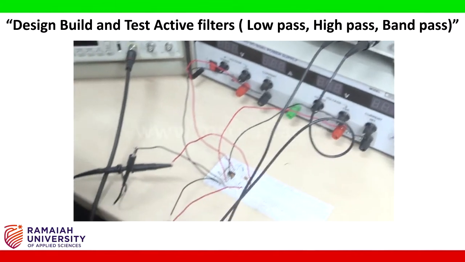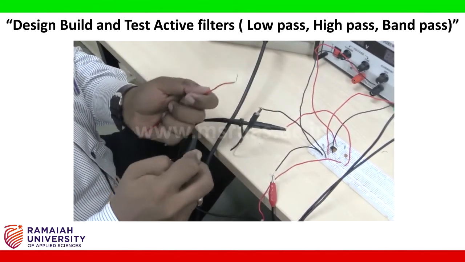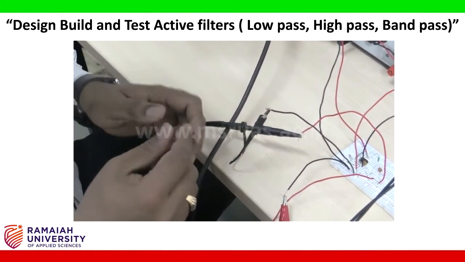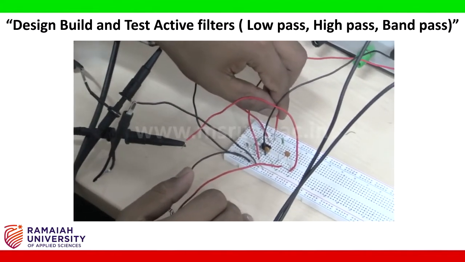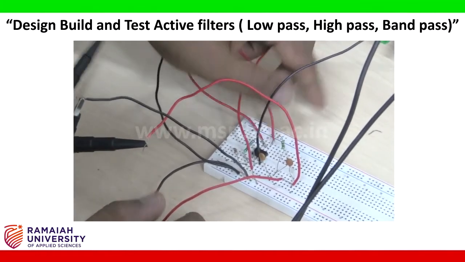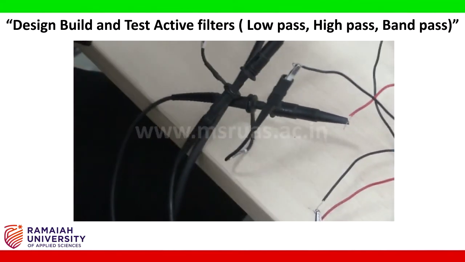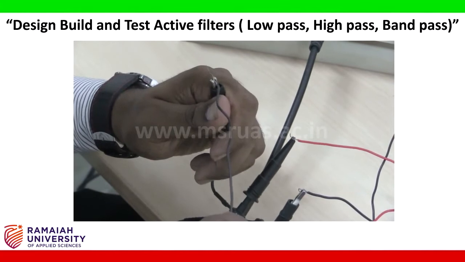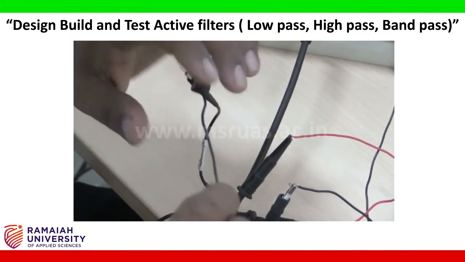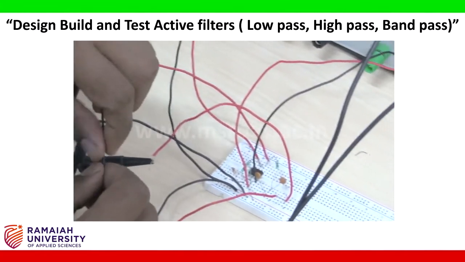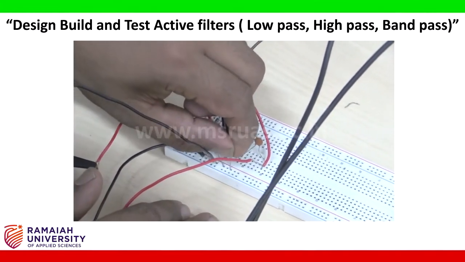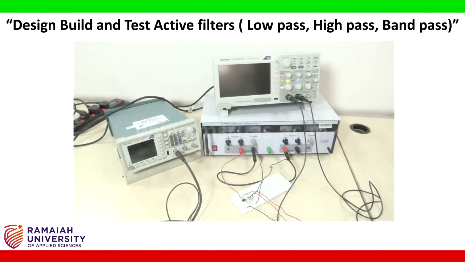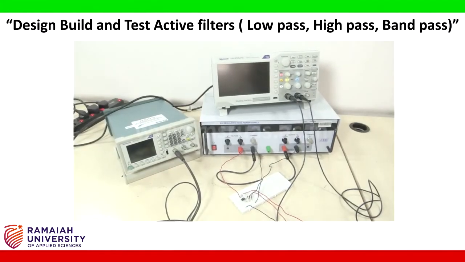So the positive end will be connected to pin number 6. So this is pin number 6, and the negative terminal I am going to connect to ground, like this. So this completes the circuit connection of a high pass filter design for the frequency of 1 kilohertz.